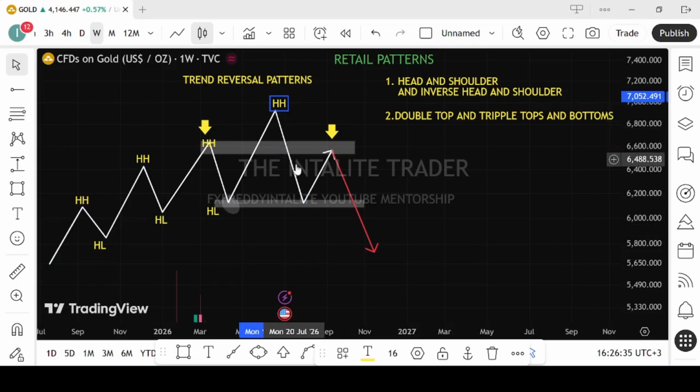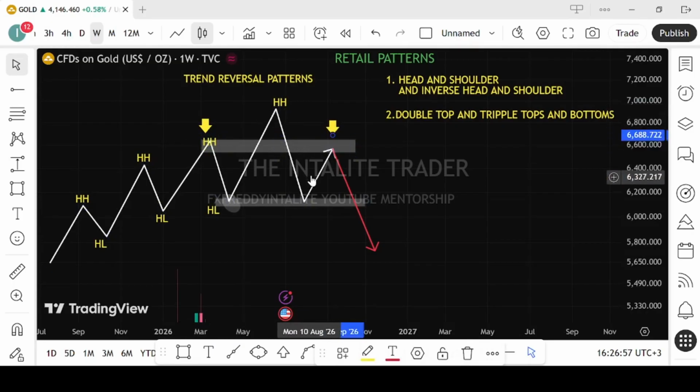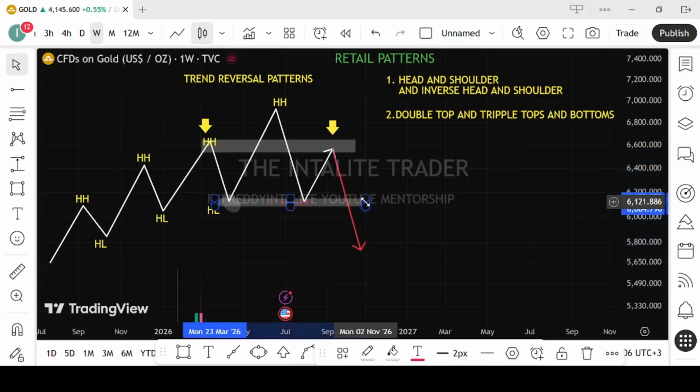Then price comes and makes the same lows as this. This is also an equal low with this one. Then it fails to break above this resistance on the previous side. It gives a left shoulder, head and right shoulder. A break below this move, breaking this support level here, is what confirms the pattern.